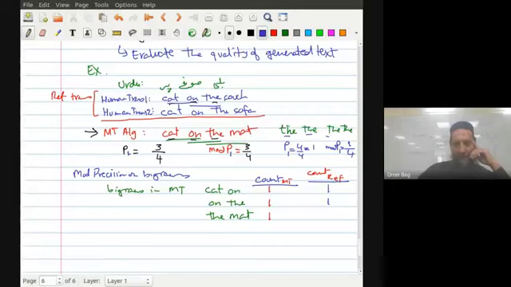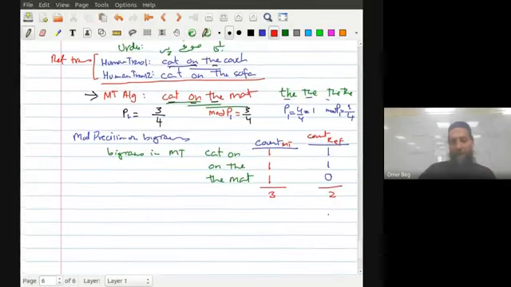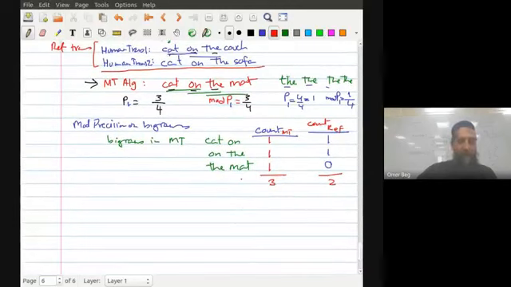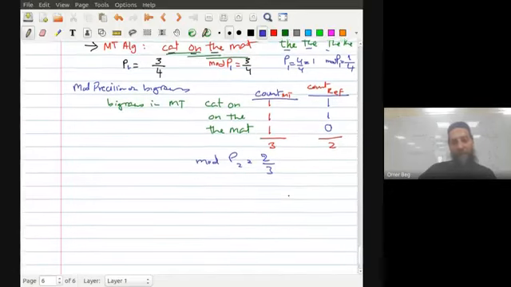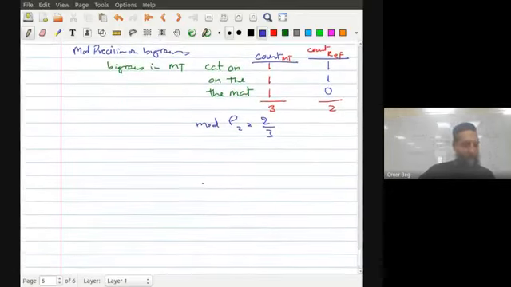"The mat" does not appear in the reference translation, so that's a 0. Then we sum these up. We say of the 3 bigrams in the machine translation, 2 of them appear in the reference text. So modified precision for the bigram is 2/3. So that's our modified precision P2.